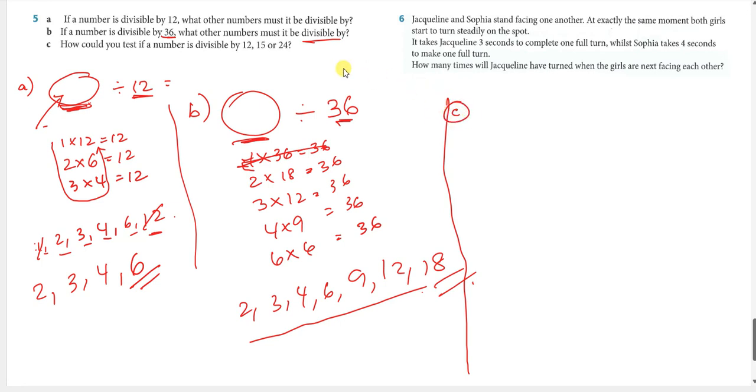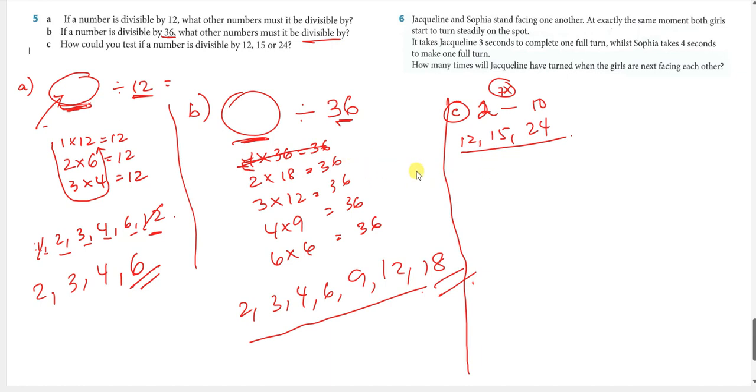Now C. How could you test if a number is divisible by 12, 15, or 24? Here it asks you, since they have only provided divisibility tests from 2 to 10, 7 excluded, now they're asking for 12, 15, and 24. What to do with these? Similarly here, you have to find the factors as well.